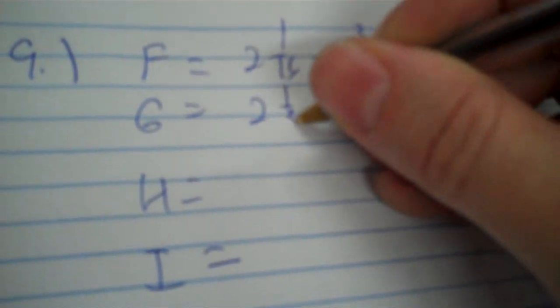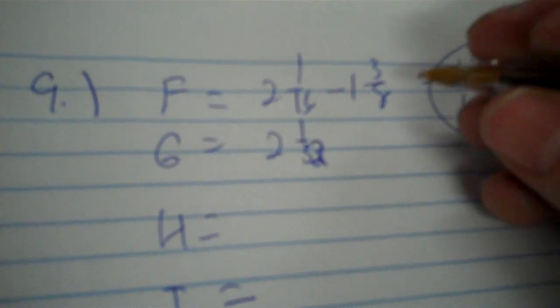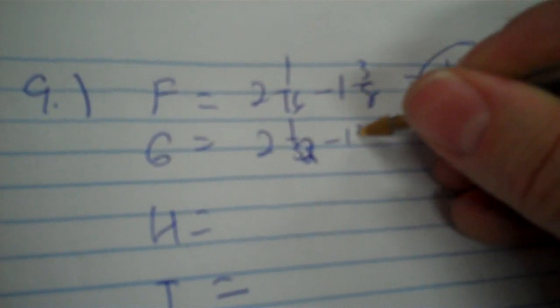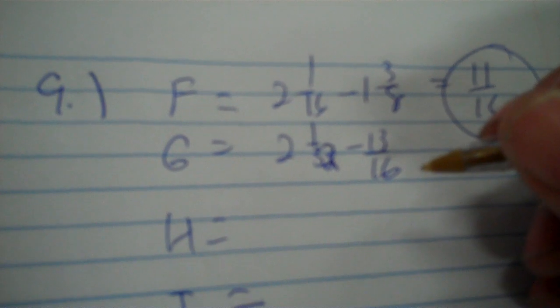Letter G, well, G's here to here. We got this part outside, 2 1/32, and then this other part's 13 over 16. 2 1/32 minus 13/16. Then I subtract. Wait a second, I don't think I did that right. Okay, 1 7/32, sorry. 1 7/32. Okay, letter H, 1 1/2 minus 1 1/64.